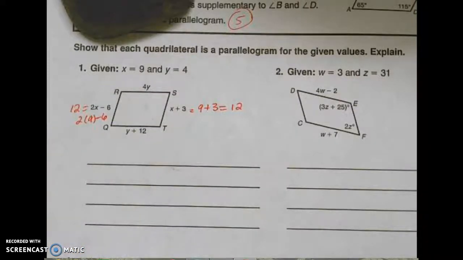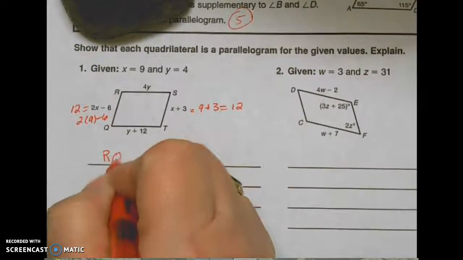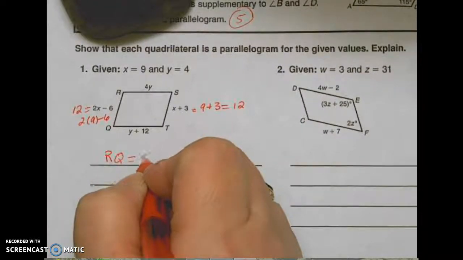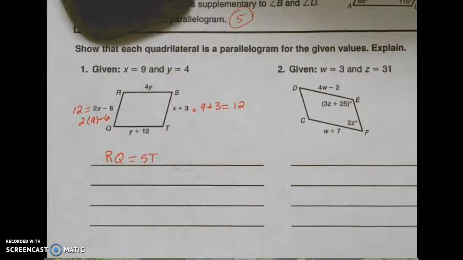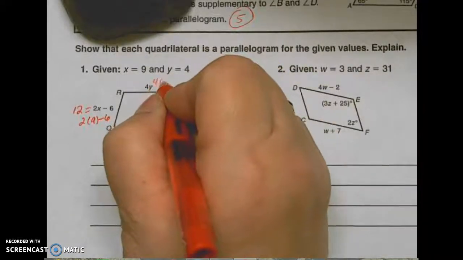So I know that I have two sides that are opposite to each other that are congruent. I need to check my y values. So what I know so far is that the length of RQ is equal to the length of ST. I want to check for my y values. If y is 4, 4 times y means 4 times 4, which is 16.